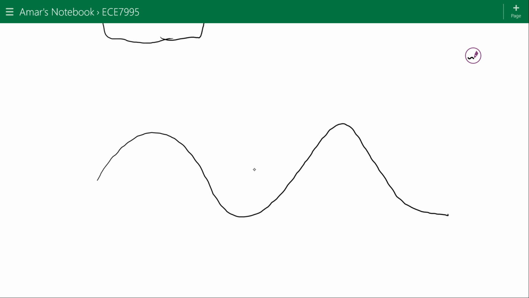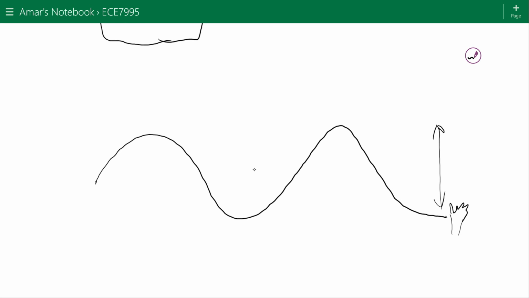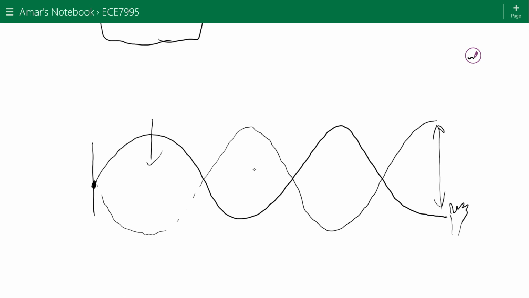To draw what that looks like, let's say my hand is here, moving up and down, and this end is tethered to the wall. This place is not moving, but this part moves up and down.